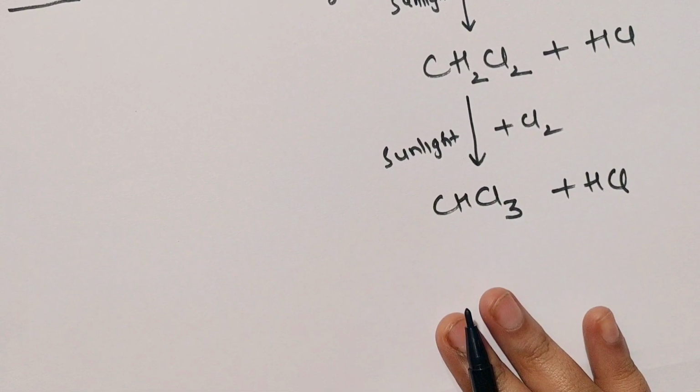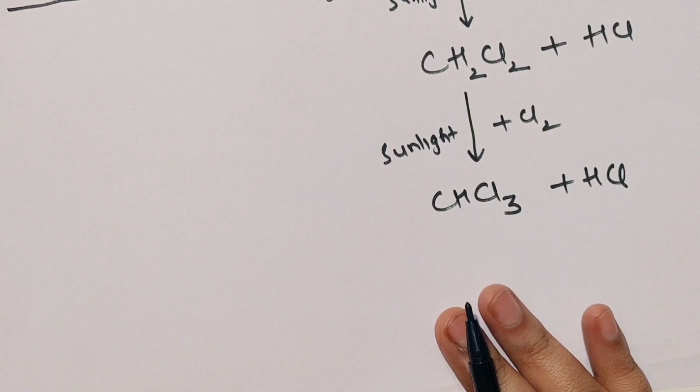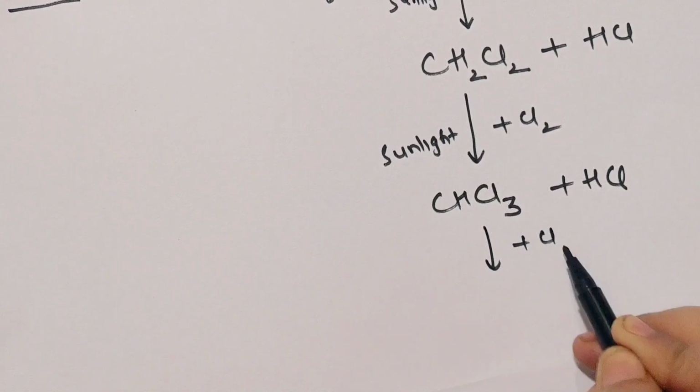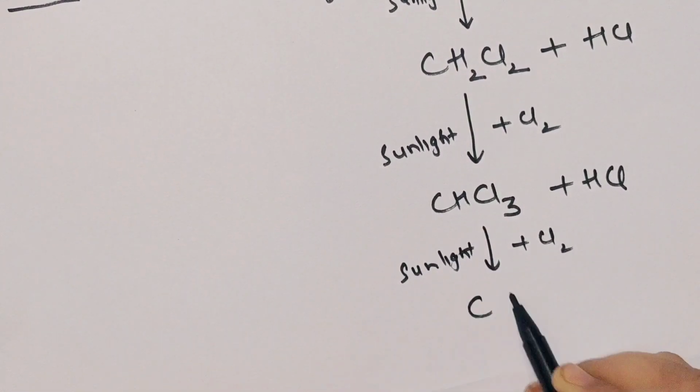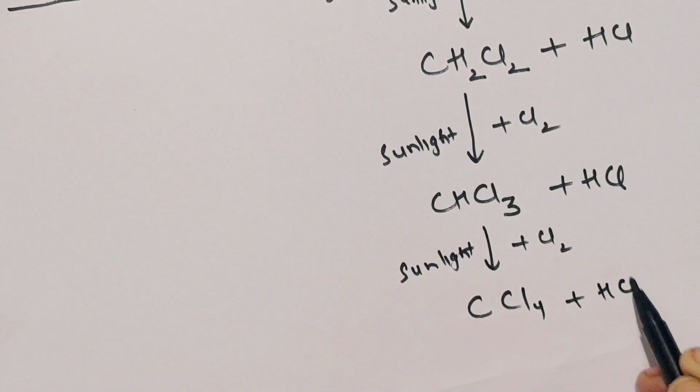Chloroform can make you faint. Okay, earlier it was used as a local anesthesia. Again, if you add chlorine in presence of sunlight, the reaction would give you carbon tetrachloride or tetrachloromethane.